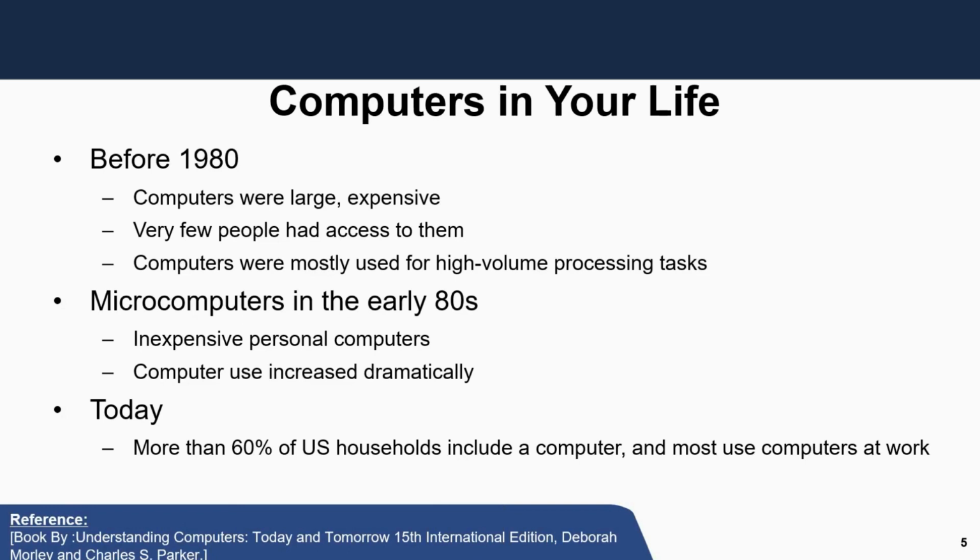So, although this research was conducted a long time ago, it states that more than 60% of US households include a computer. Now I know that this percentage might have gone drastically to the 90s or 100, maybe, because everyone has a computer in their pockets and that is a mobile phone. So if I'm saying a computer, I don't mean a computer that has a monitor and sits on your desk. It can be a mobile phone as well, which is in your pocket.